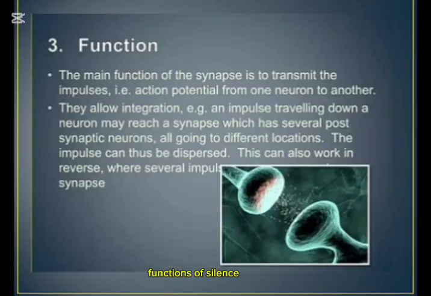Functions of synapse. The primary function or purpose of synapse is to transmit impulses or action potential from one nerve cell to another nerve cell.